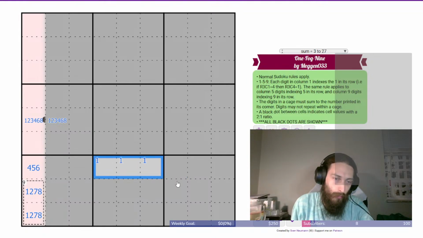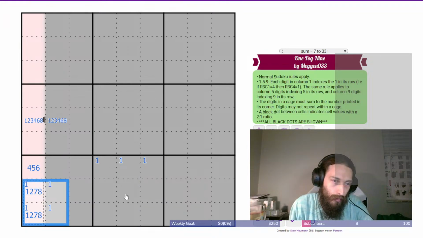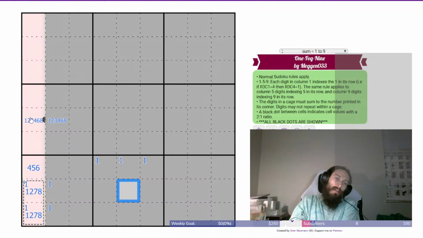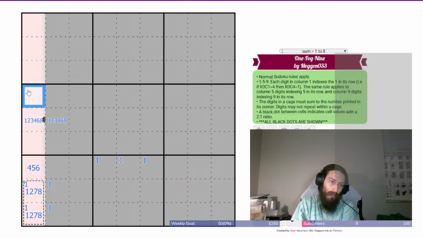Well, we know that 1 is in here, and that 1 is in there. If this is a 2, then that's a 1. You wouldn't be able to have 4 in either position. This is a 1, it's a 1.